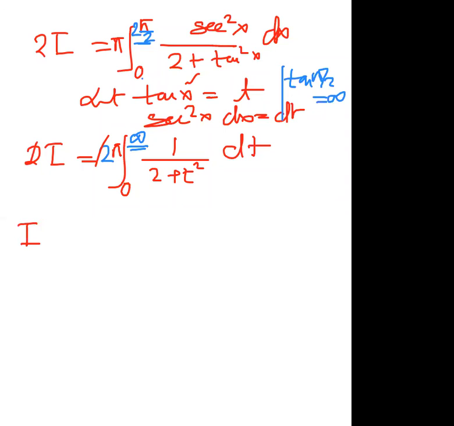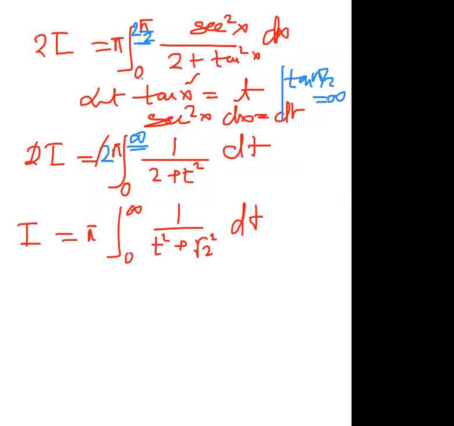I is equals to pi times the integral from 0 to infinity of 1 upon t square plus root 2 whole square dt. That is 1 upon x square plus a square.